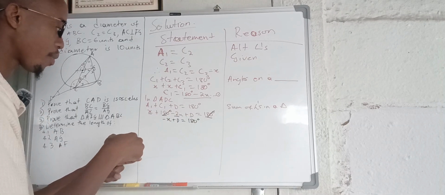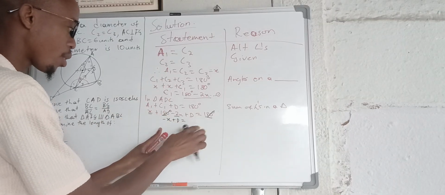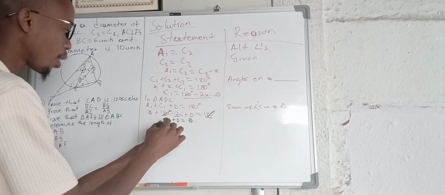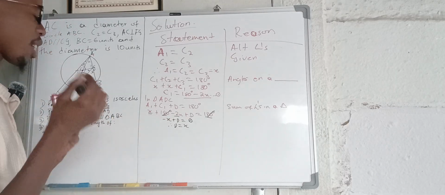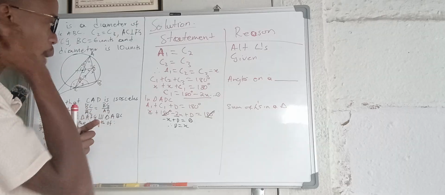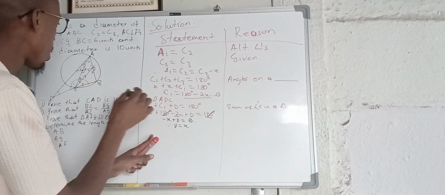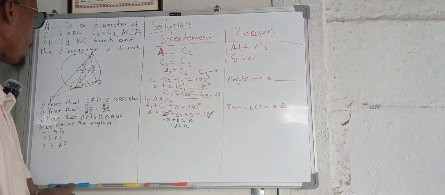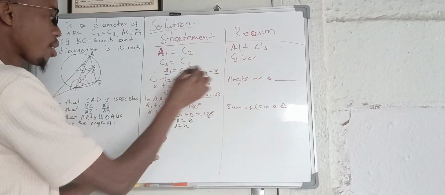Oh, I changed color. But it's fine. Let me continue with it. So I'll be saying, therefore, D equal to X. But let's check something quickly. What else is equal to X? We have denoted that in this triangle ADC, A1 is equal to X there.